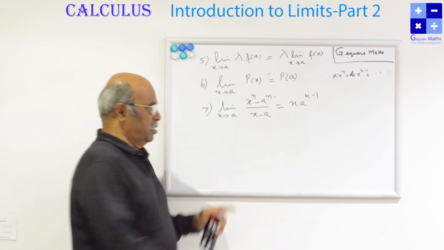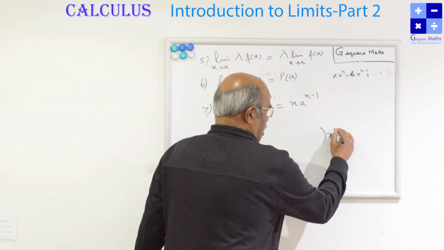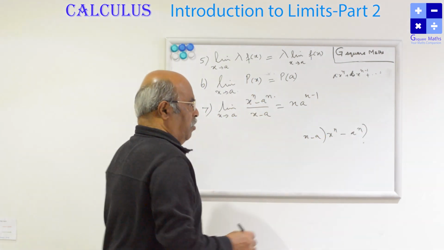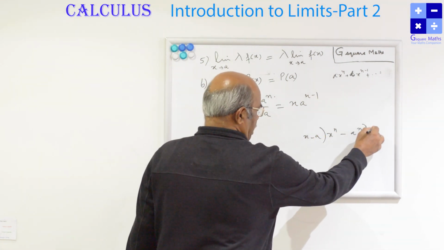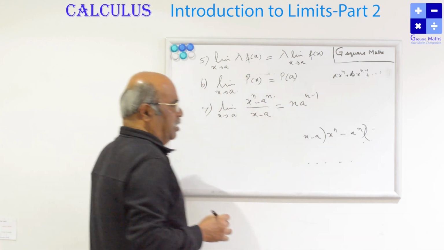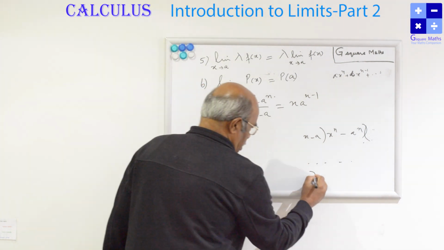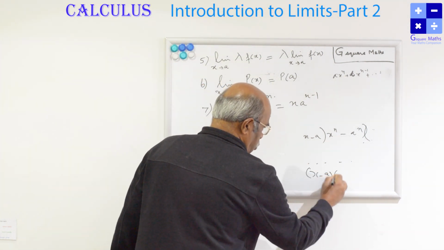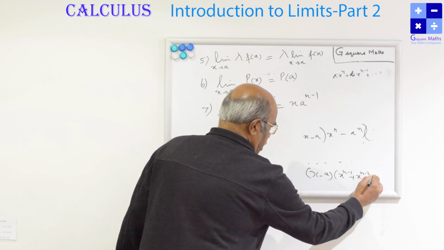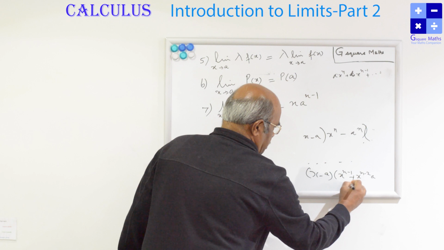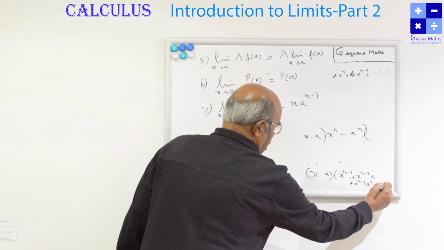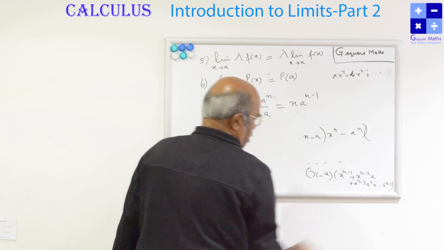If you divide like this, the quotient will have n terms, (x minus a) into (x power n minus 1 plus x power n minus 2 into a plus x power n minus 3 into a square), and it will go on like that. The last term is a power n minus 1.